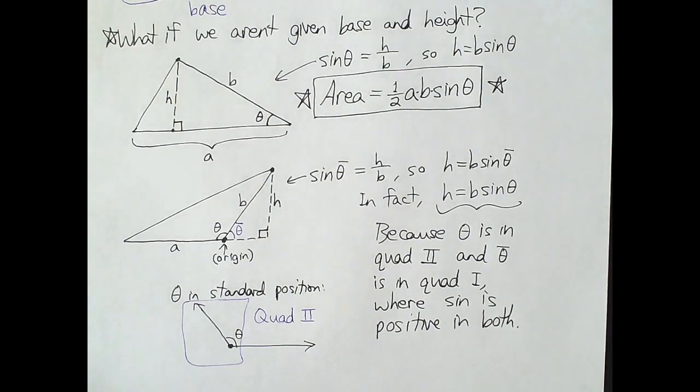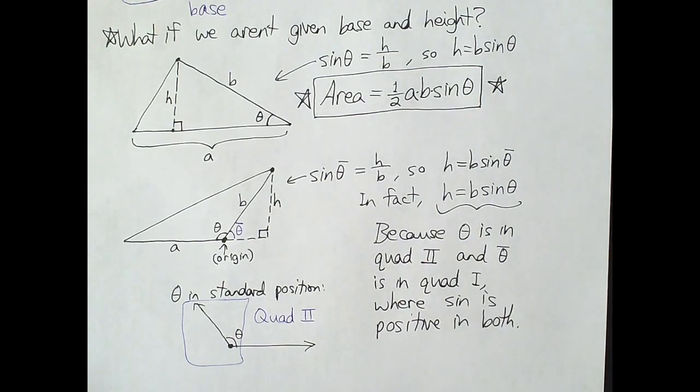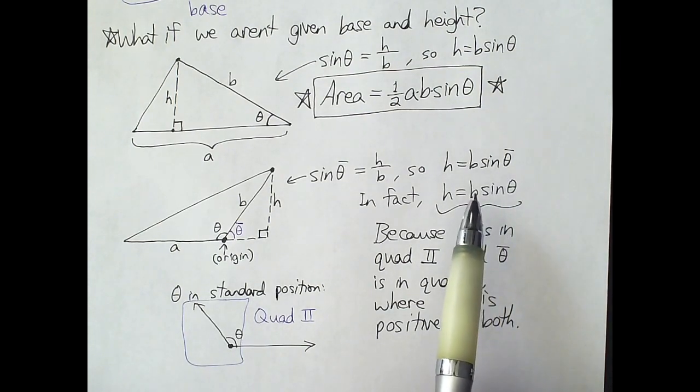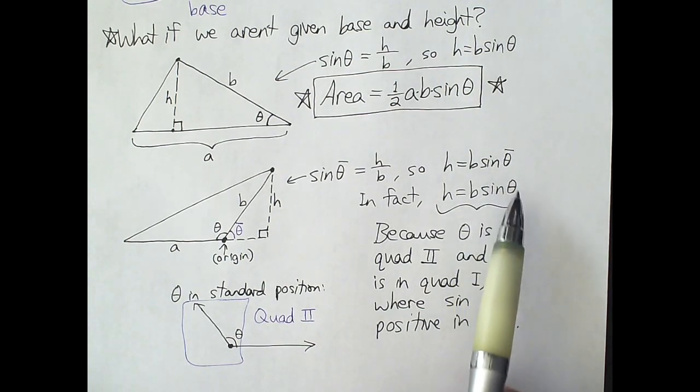Does that make sense? When we use a reference angle, the only thing that could possibly change is maybe there winds up being a minus sign in front of it. But by this argument of quadrants, there's no minus sign that pops out. So sine of theta bar is equal to positive sine of theta.